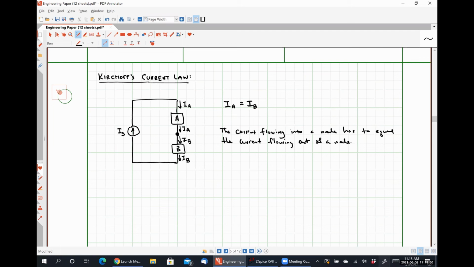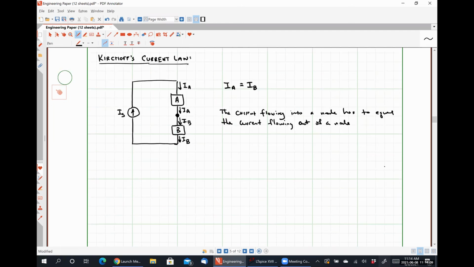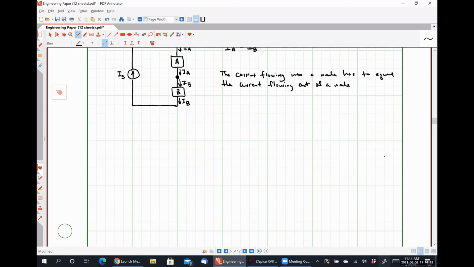Okay. So I believe that is exactly how you guys learned it, or at least that sentence is how you learned it way back in Engineering 120. Okay, we're going to use the exact same thing here, but with a couple of other little caveats. All right. So I'm going to draw a node.